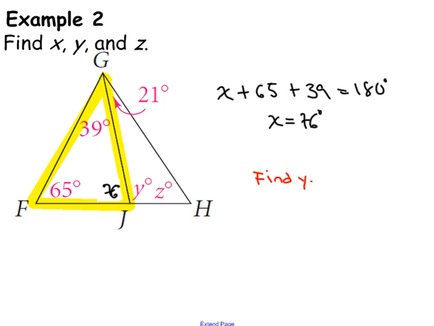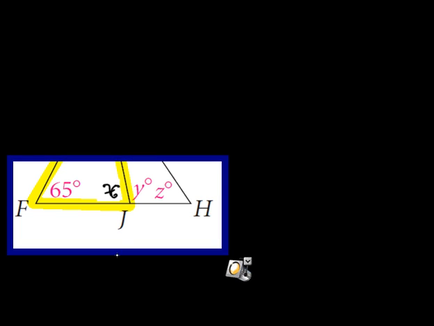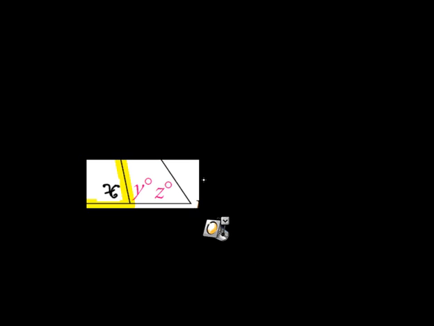Well, let's focus this time on the supplementary angles that are there. And let me spotlight them for you in case you don't see them. You could see here that the 76 degrees and this y, these are supplementary angles, right?